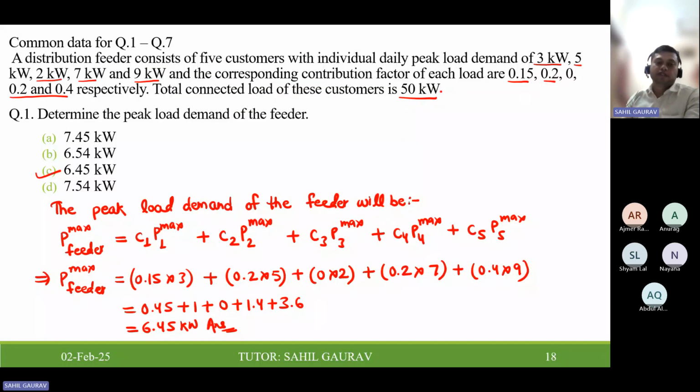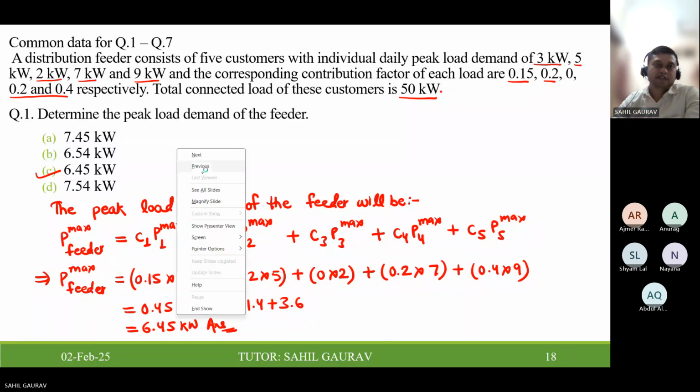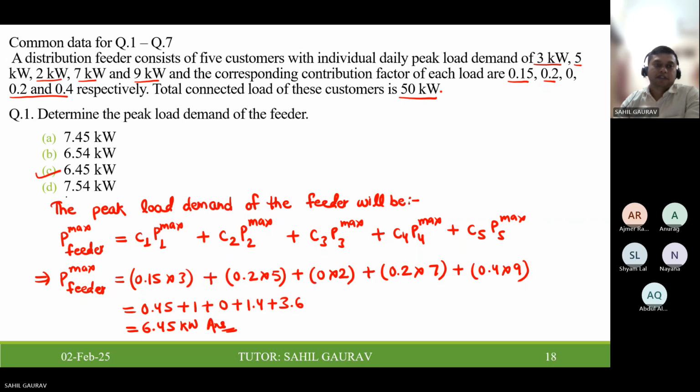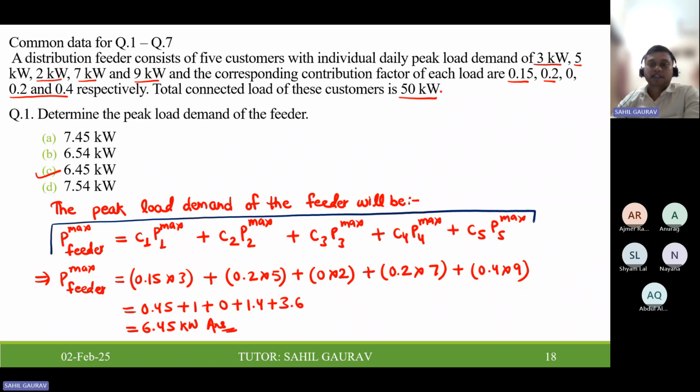The peak load demand of the feeder, this expression I have just given in the beginning. So if individual peak demand is given, how can you get the relation between the aggregate peak demand and the individual peak demand using the contribution factor?